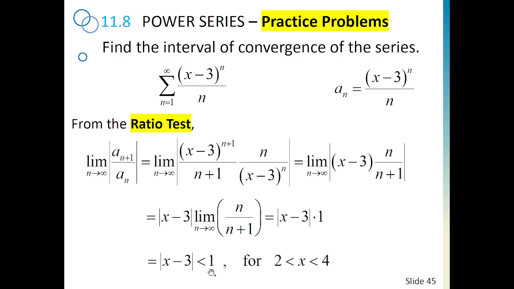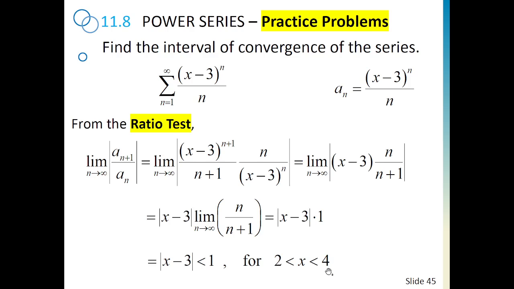And by the ratio test, this is absolutely convergent if and only if this absolute value here of x minus 3 is smaller than 1. So now I need to rewrite this. So that's x minus 3 smaller than 1 but bigger than -1. Then you add 3 on all sides, and then you get an interval here. By the way, we can immediately see that this series is centered at 3, radius is 1, right? So that's clear. Now the interval of convergence is 2 to 4.